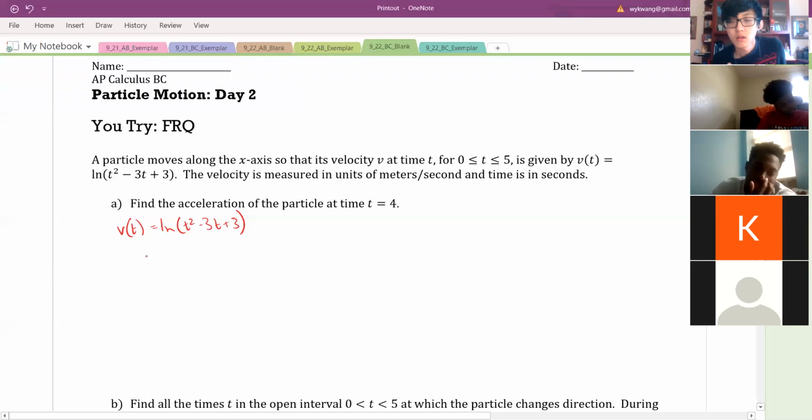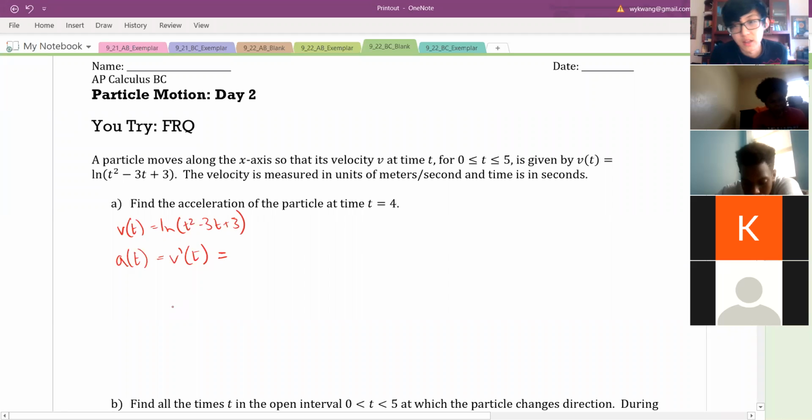I found the derivative of what's in the parentheses, so I did natural log of 2t minus b. To be clear, to find acceleration, how many derivatives did you do? I did it once, because that's already the first derivative. Yep, exactly. Velocity is already the first derivative, so it's the same as the previous problem. We're already given velocity, so acceleration is just the first derivative of velocity.